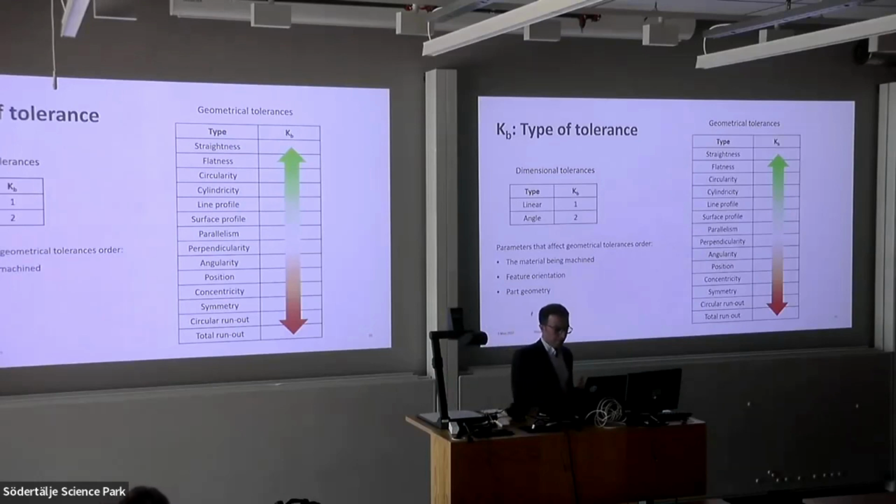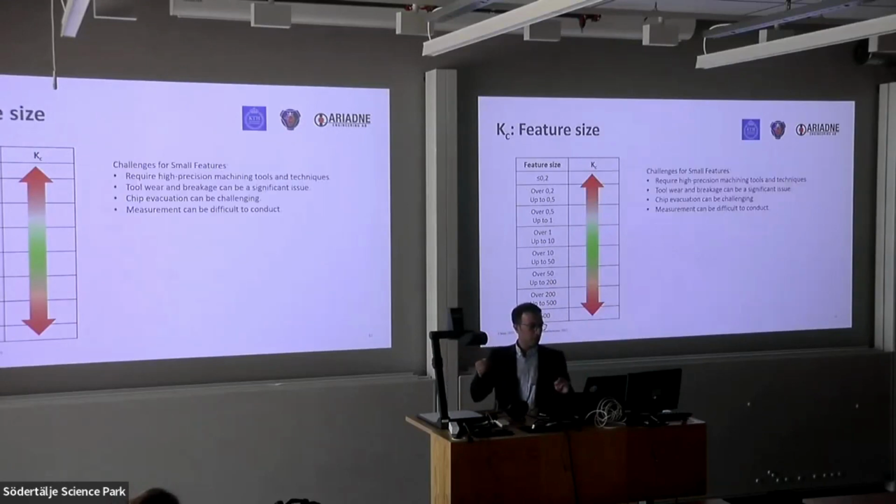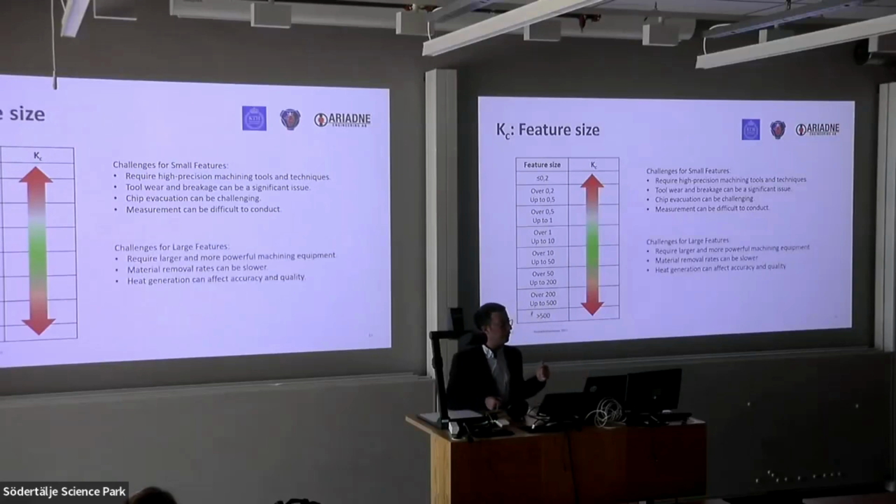So we move on to the feature size. We have challenges on both sides. For small features, we require high precision machines to reach tolerances. Tool wear affects a lot, and it's hard to measure. On the other hand, we have some challenges for large features.